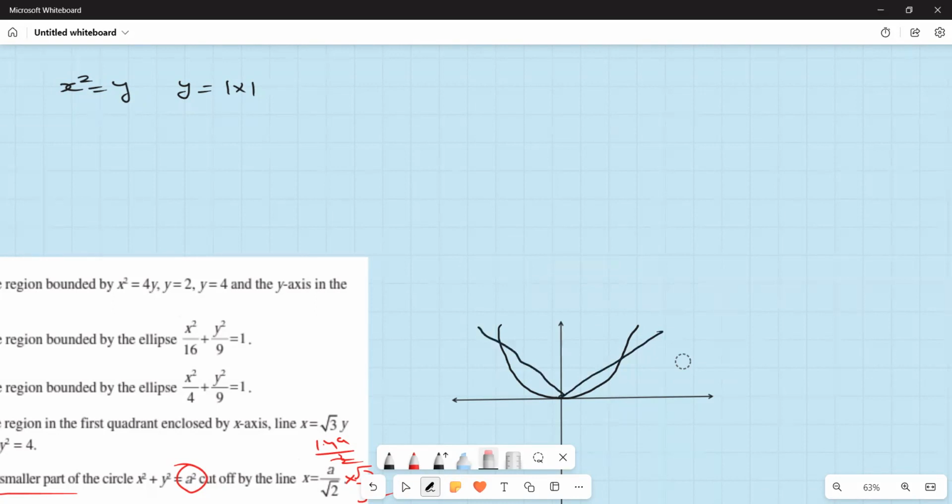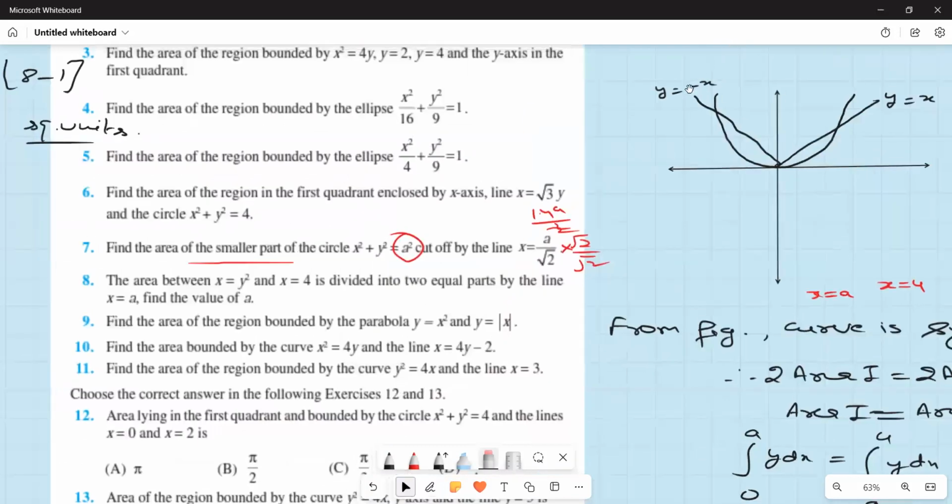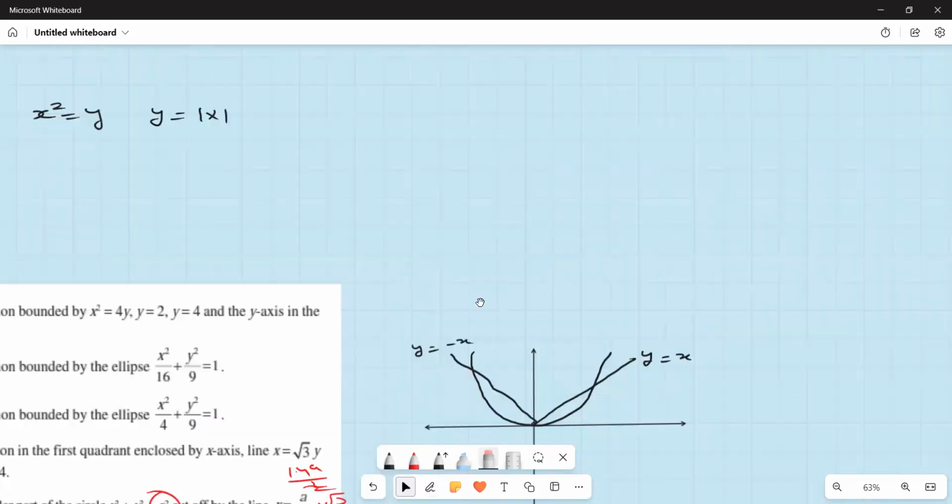So y is equal to x over here and y is equal to minus x this side. And what is written over there? Yes, total area. So you need to find this area 1 plus area 2.